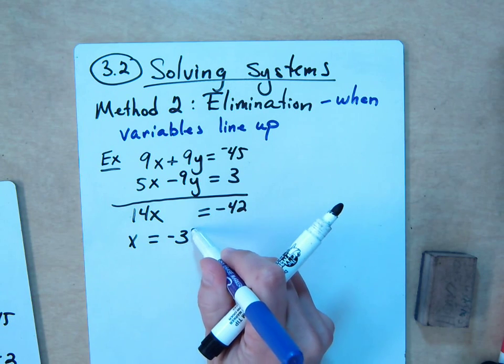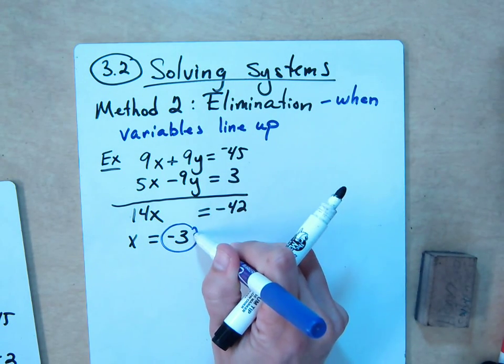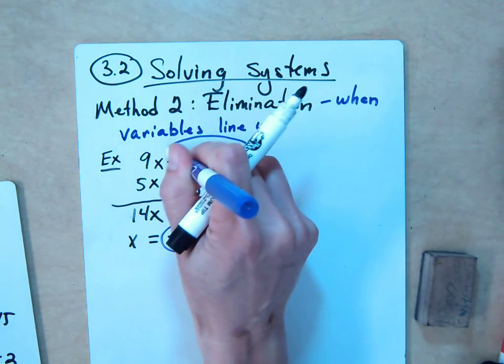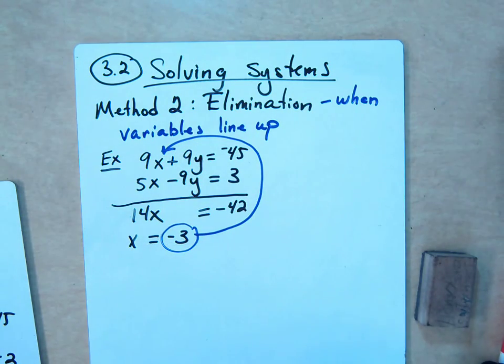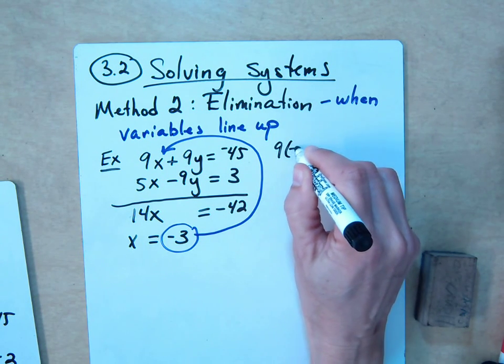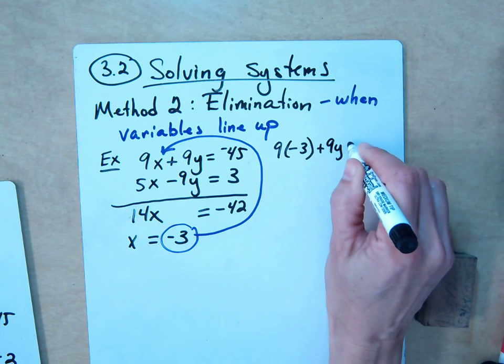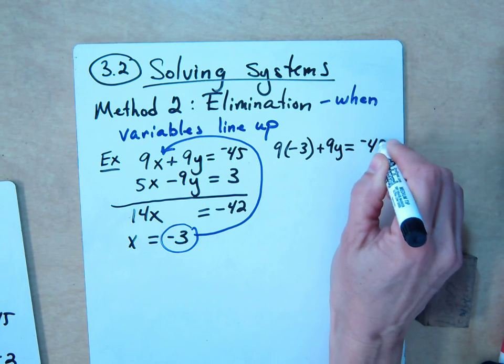So you take what x is and you plug it back into either equation. It really doesn't matter. So I'm just going to pick plugging it in there, but it will give you the same thing either way. So plugging it in there, you get 9 times negative 3. Always use parentheses when plugging in, plus 9y equals negative 45.